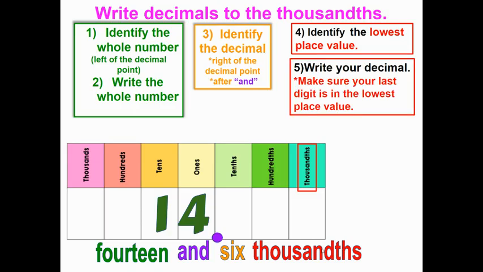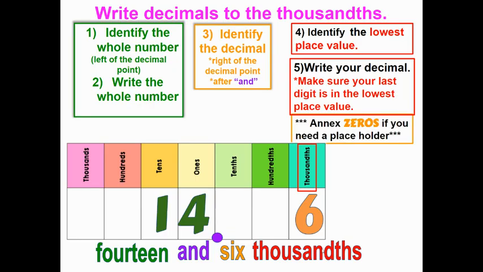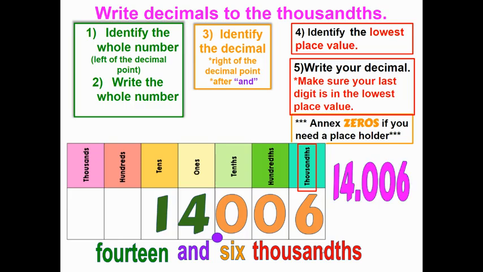And I'm going to make sure that when I write my decimal in, the last digit is in the lowest place value. So I know there's a 6 in the lowest place value. I annex zeros if I need a placeholder, and in this case I need a placeholder for the tenths and the hundredths place, so I can represent 6 thousandths. So I would write it as 14 decimal point 006 or 14 and 6 thousandths.